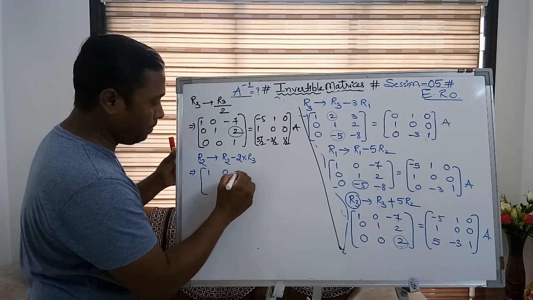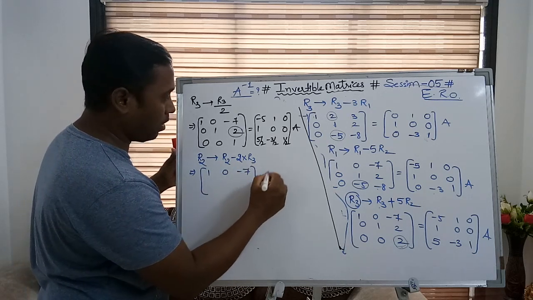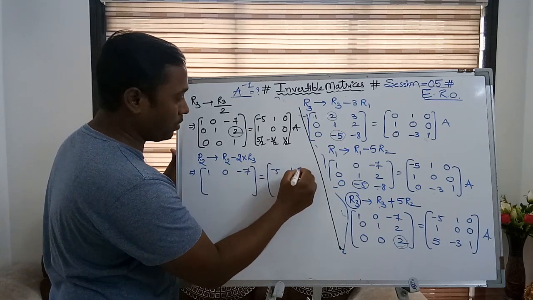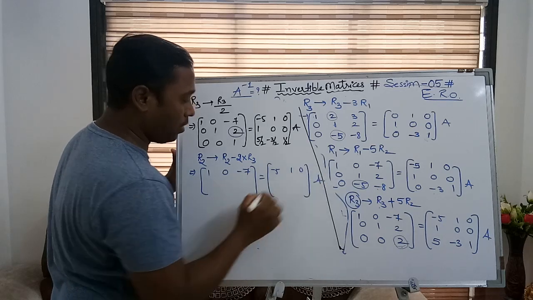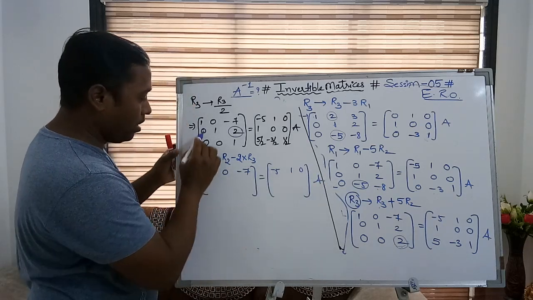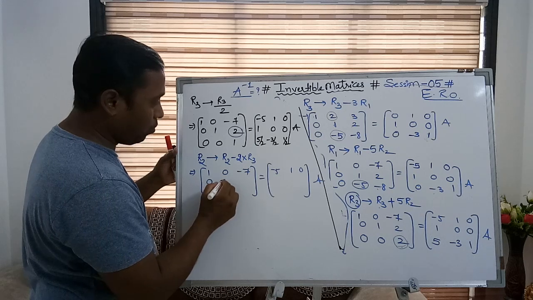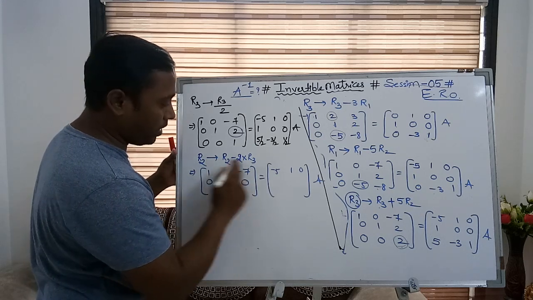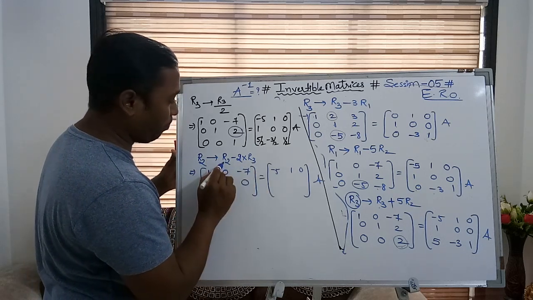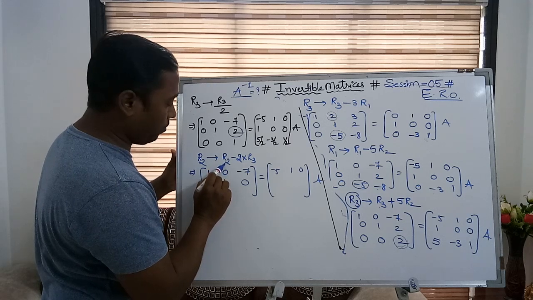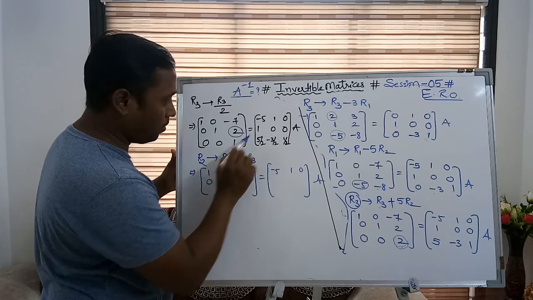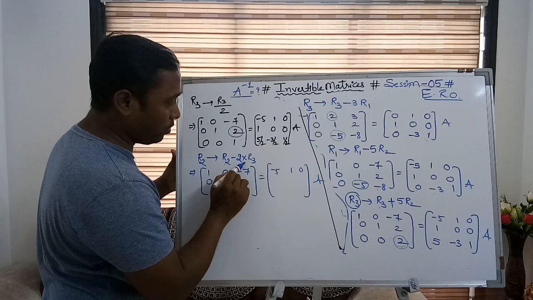R1 remains the same, minus 1 0. It's as it is. Now R2 is going to change. By applying this operation it will be 0, 1, 0. Now R2: 1 minus 2 times 5 by 2.